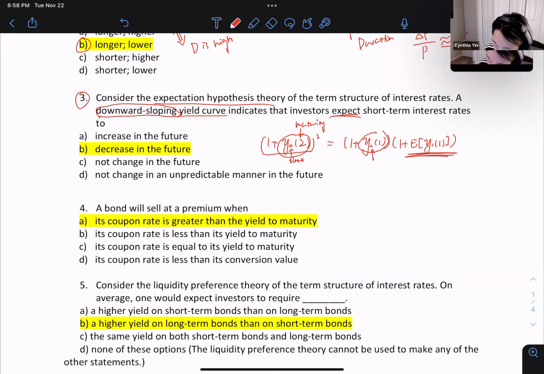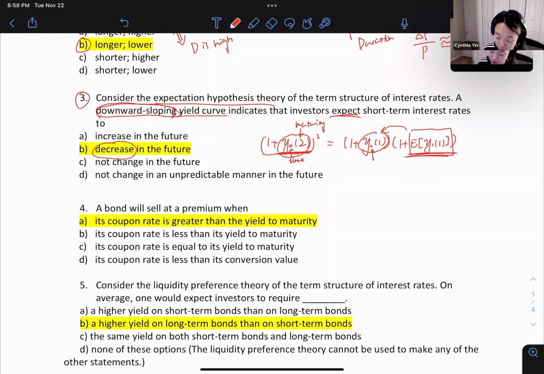Suppose this expected future short-term, or 1-year, interest rate is higher than the current y01, you would expect this 2-year yield to maturity to be higher than the current 1-year. But because it's downward sloping, it means investors expect the new 1-year interest rate to be lower than today. That drives down the 2-year yield to maturity. As a result, it decreases in the future.